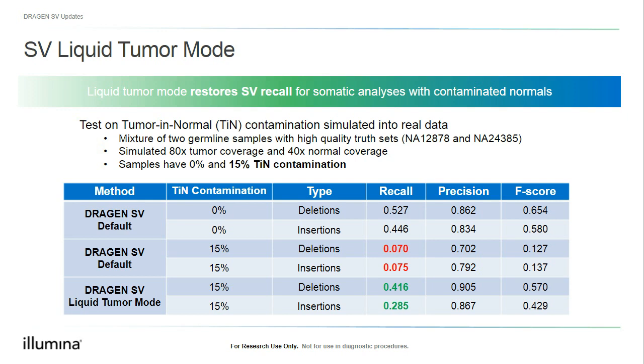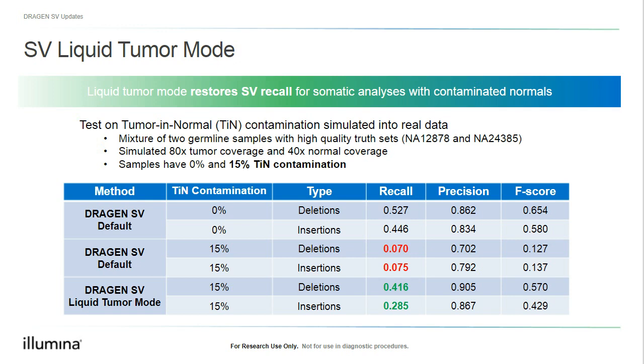If you were to use the default SV calling with 0% contamination, then you get the recall and the precision at this level. If you bring in the sample with 15% contamination but do not turn on the model for liquid tumor contamination, then you can see that the recall substantially drops. It becomes really bad.